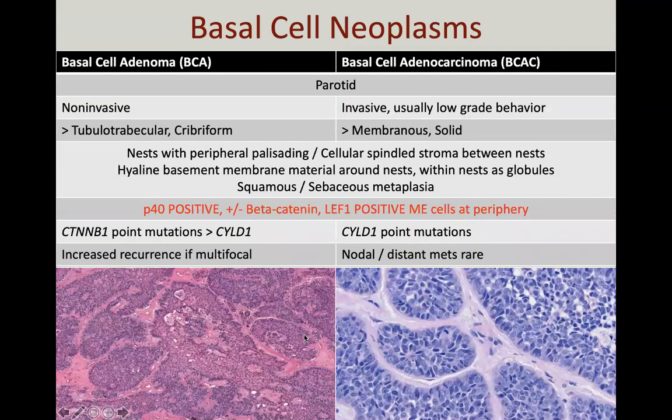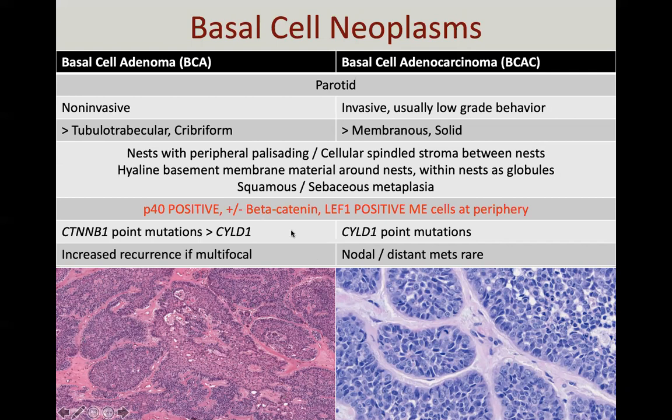Okay, basal cell adenoma and adenocarcinoma are essentially distinguished by either being non-invasive versus invasive. They have this jigsaw puzzle-like architecture with peripheral and central eosinophilic, very globular hyaline basement membrane material.